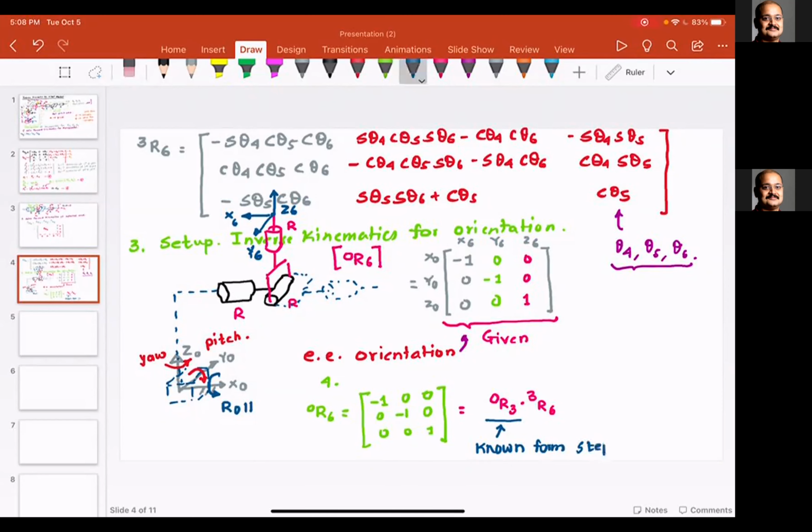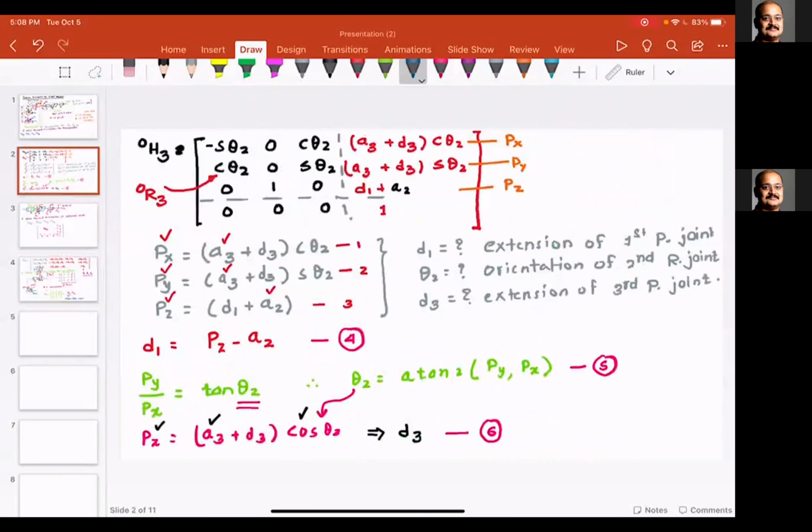Can you see that, since we know the value of theta 2, this 0R3 matrix is completely known? Any questions here? 0R3 is known.